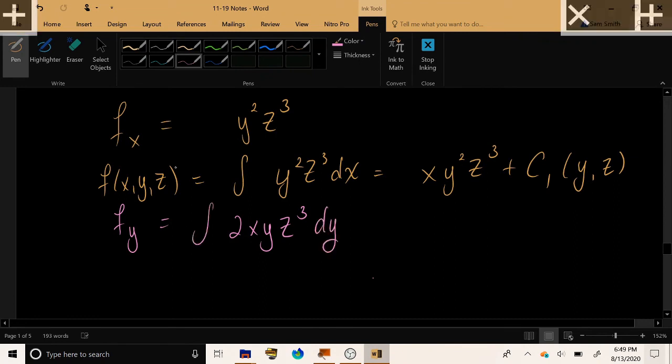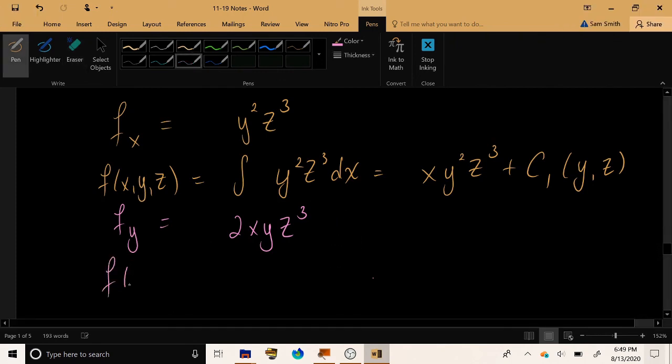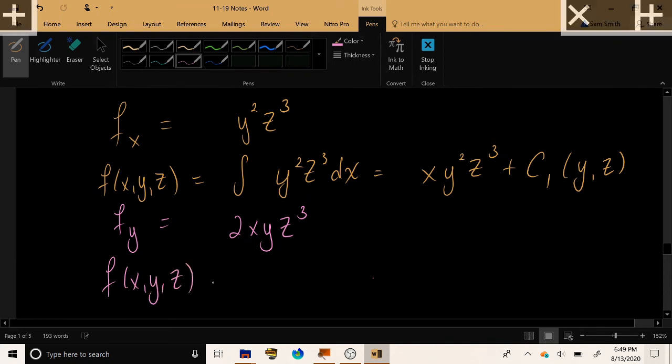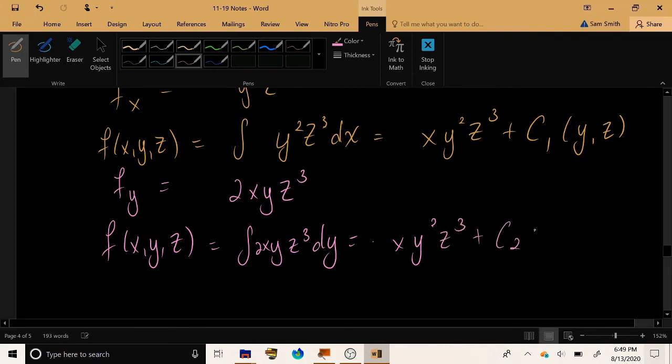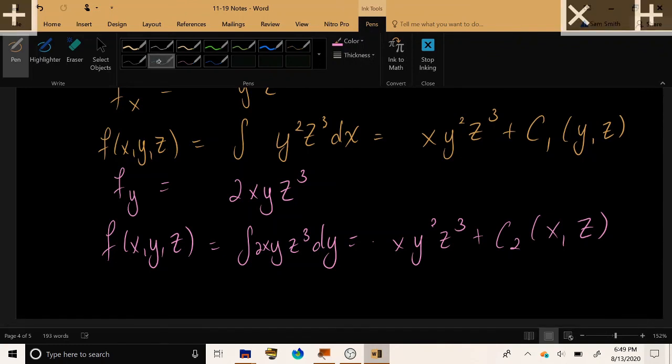If I take the antiderivative of that with respect to y, 2xyz cubed, then I get xy squared z cubed plus potentially some constant that might have x's and z's in it, because the partial derivative and partial integrals with respect to y will treat both x and z as just numbers.